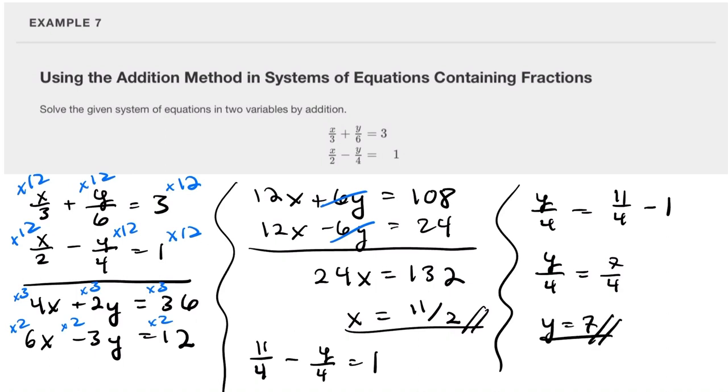Let's check these. We definitely need to check these. This looks weird. So our claim is that the solution is 11 over 2 comma 7.